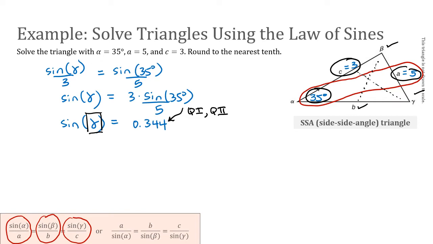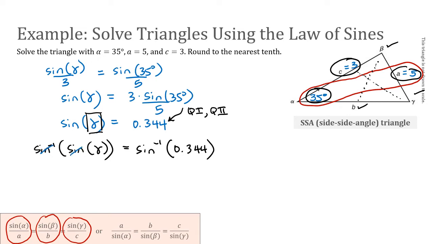Okay, so now I'm going to take sine inverse of the left, and I'm going to take sine inverse of the right. And by the way, I'm not putting 0.344 into my calculator. I'm actually putting in 3 times the sine of 35 degrees divided by 5, but just so you get a feel for approximately what that number is.